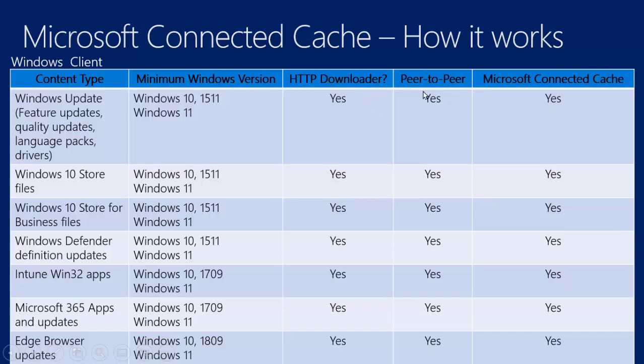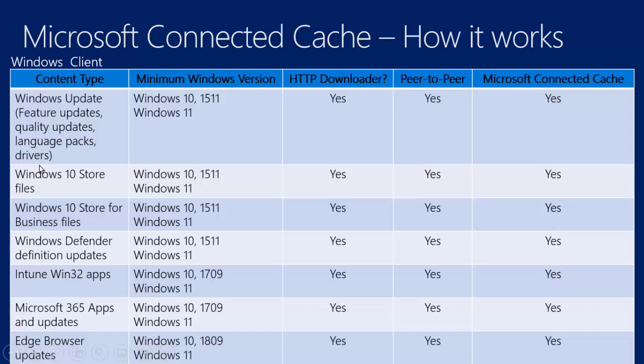First, the thing that you primarily think of with delivery optimization is peer-to-peer, having that ability to optimize network bandwidth by the peer-to-peer nature of a caching solution like delivery optimization, or really any caching solution. And we list out the different content types that are supported for peer-to-peer with delivery optimization.